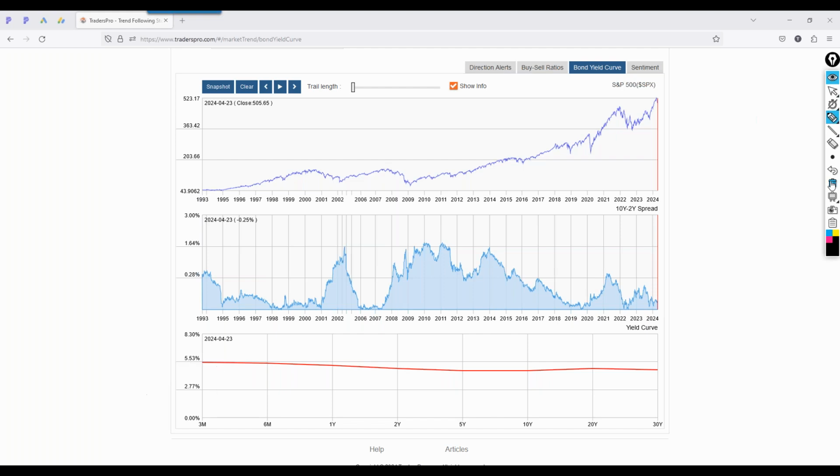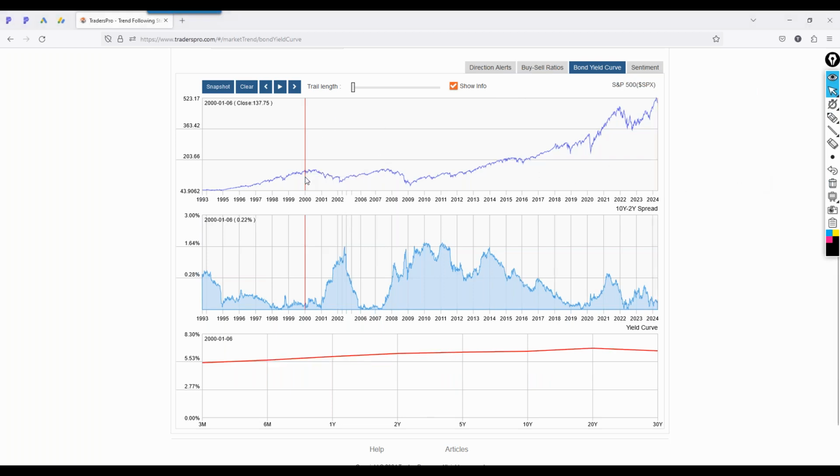Ultimately, I think that equities are going to pull back because of this yield curve. It typically takes 18 to 24 months for that to show up in the economy. Almost always it creates a recession. It's happened back here. We had an inverted yield curve, but these inverted yield curves can last for years too.